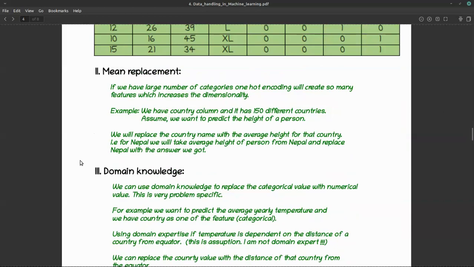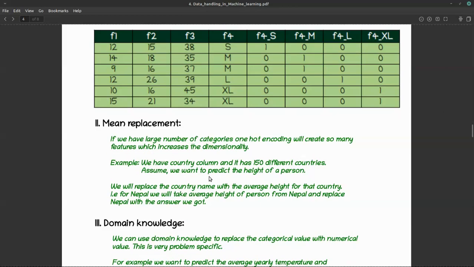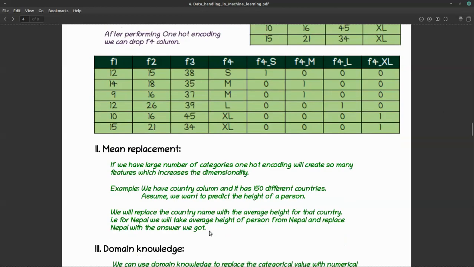So in that case, we will use domain knowledge. Let's first understand mean replacement. In this example we can also apply mean replacement. Let's say there is a country column and 150 countries are there. One hot encoding is not an option. So let's say we have a dependent variable yi that I need to predict.